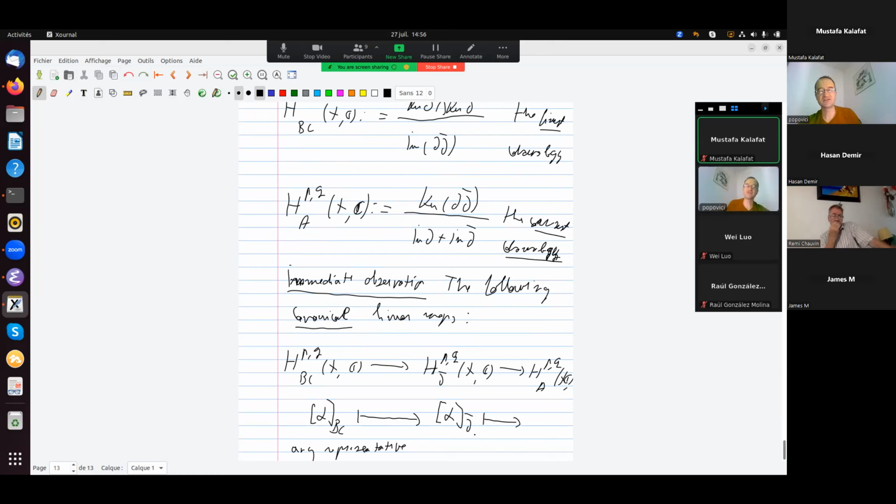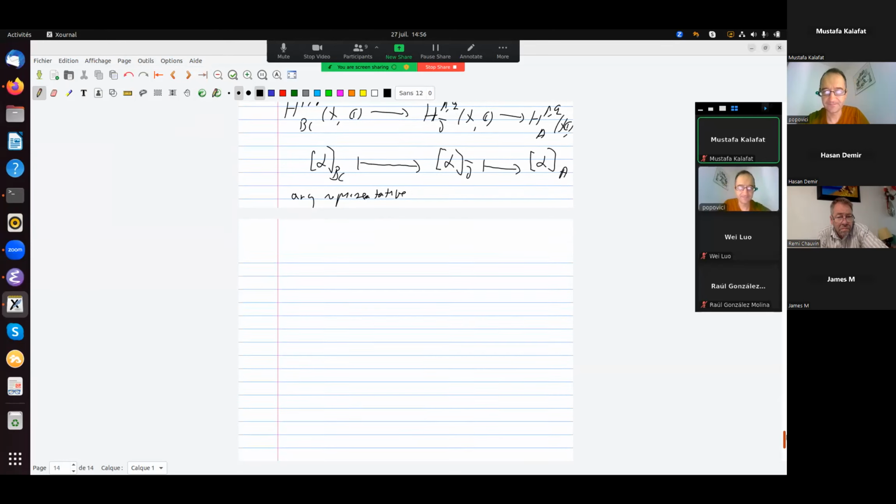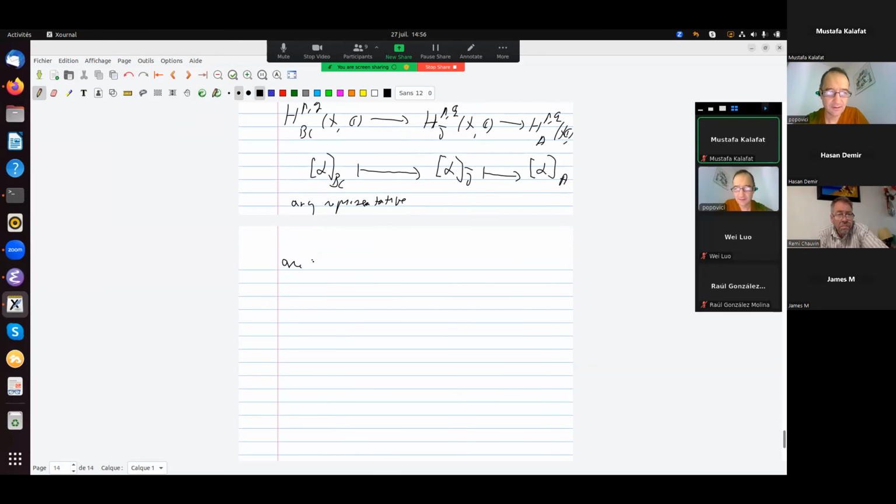We take the map induced in cohomology by the identity. We map the Dolbeault class of α to the Aeppli class of α. So these linear maps are well defined. Well defined means that, for example, they don't depend on the choice of representatives.